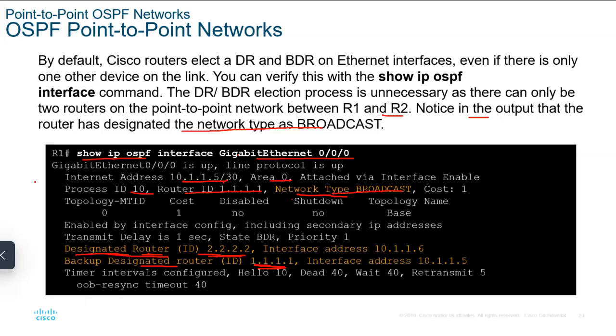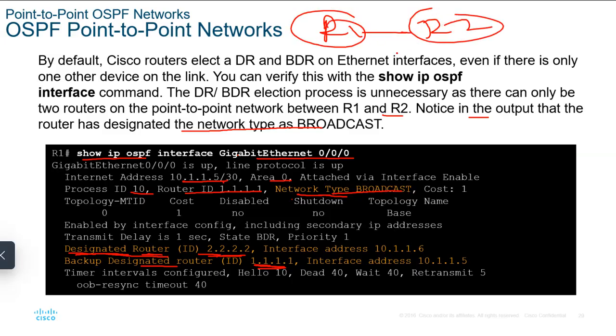So this is the designated router. Now here, remember it's a point to point. We have router 1, then router 2. Since we have DR and BDR here, 2.2.2.2 is the one to be the designated because it has the highest router ID.